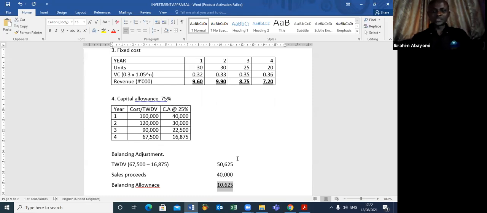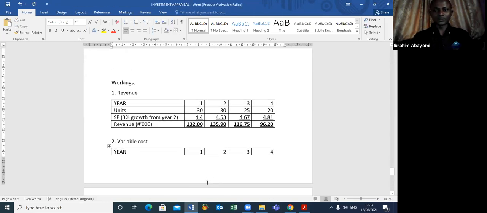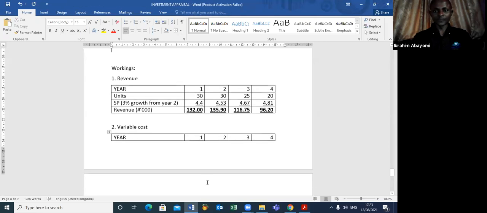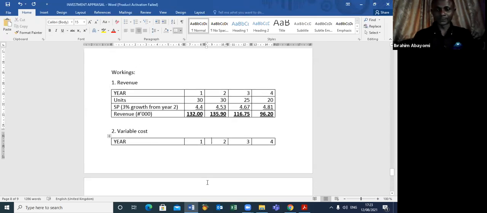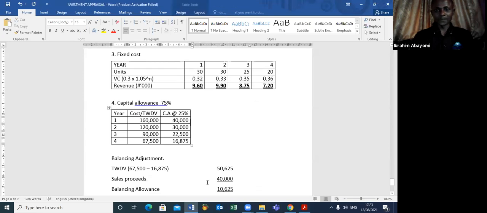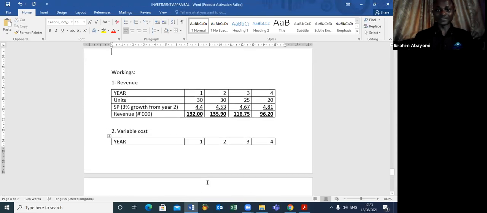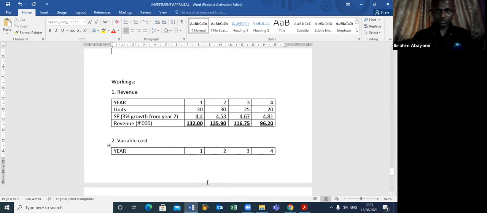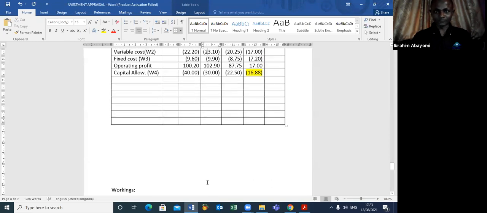Now, this balancing allowance will change my year 4 figure. 10,625 is 10.625, so we can say 10.63. So 10.63 plus 16.88 should give me 27.51.